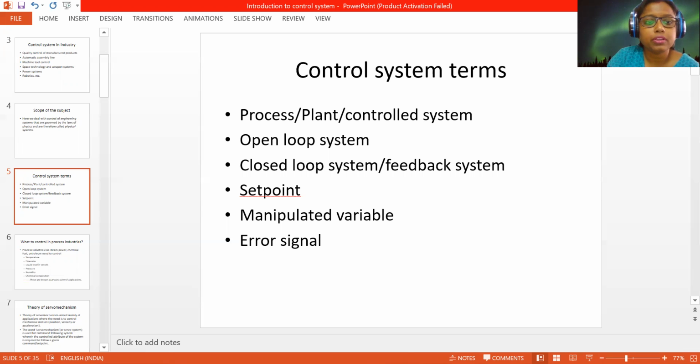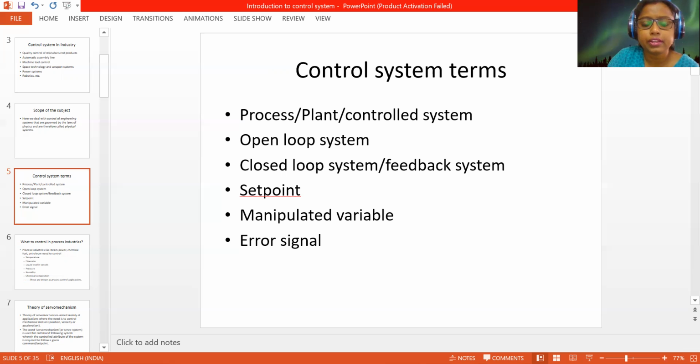So considering this one, if we say that a particular process has a particular output, this output is fed back to a particular system known as the measurement block.